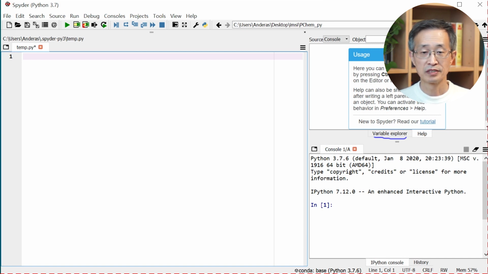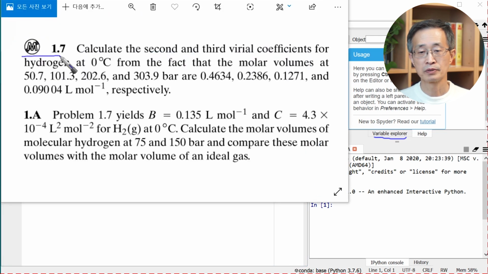So I need the pen again. We are going to solve problem 1.7 and 1.7A. Two problems, actually tied together.